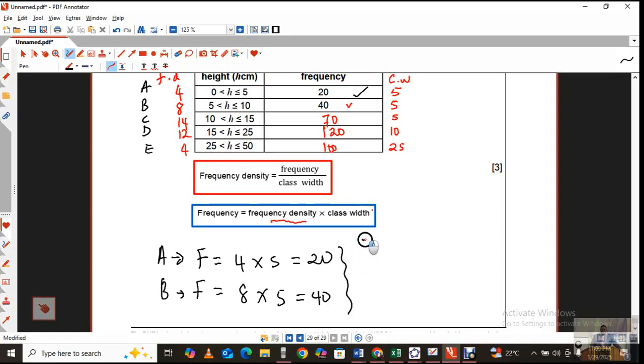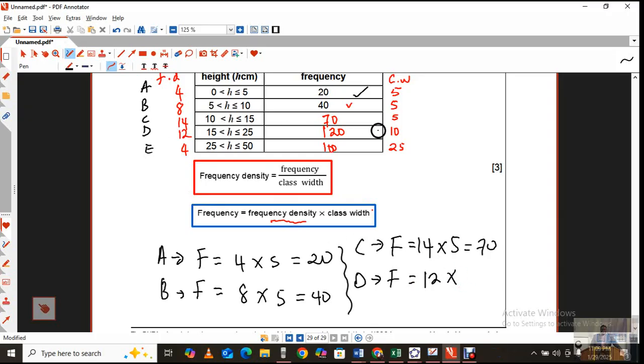How do we find C? The frequency would be the frequency density of 14 times the class width, which is 5. 14 times 5, 70. D, frequency equals frequency density, 12 from the graph.